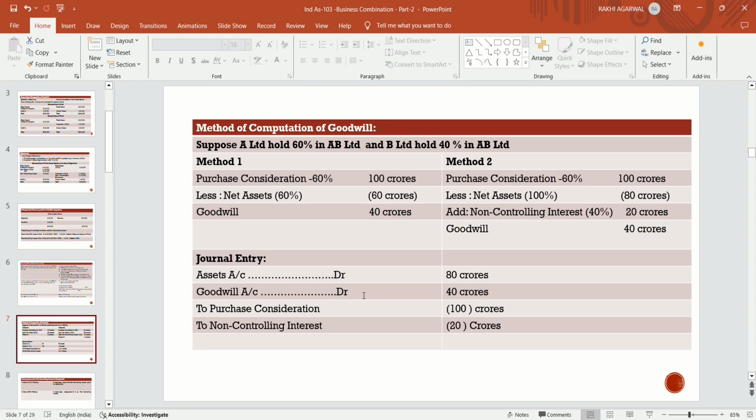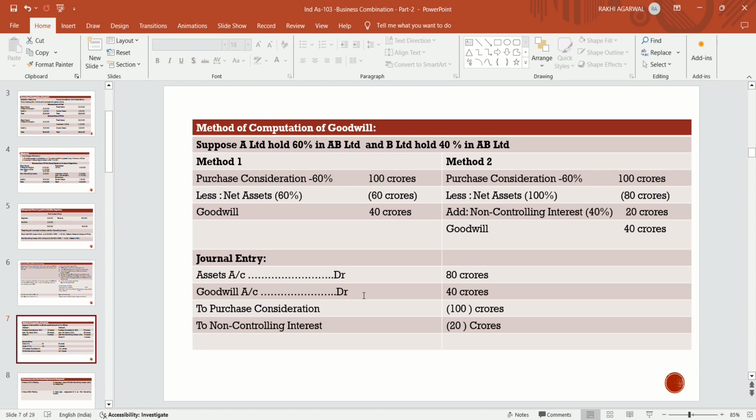In method 2, what happens? They paid for the 60% they acquired, that is 100 crores, but they acquired the whole assets, that is 100% assets of AB Limited, worth 80 crores, and they also acquired the non-controlling interest, that is the 40%. For their investment they pay 100 crores for 60%, and for non-controlling interest they pay 20 crores for 40%, and they acquire 100% assets, that is 80 crores.